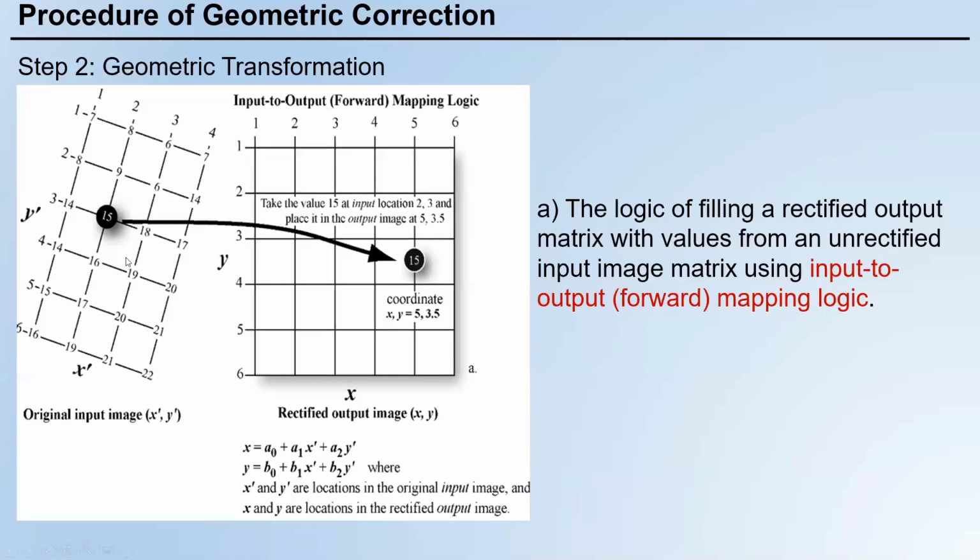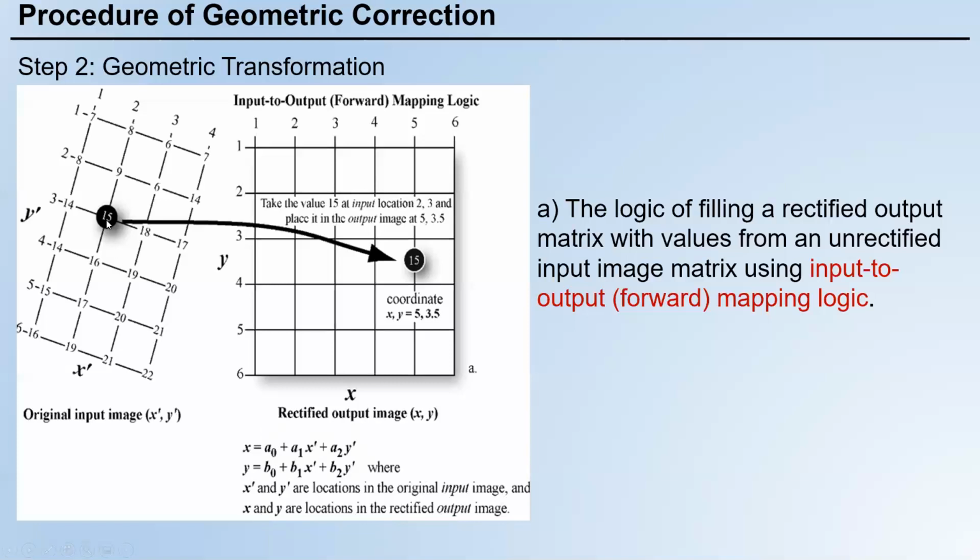So what's the actual x value and y value of this pixel in the rectified image? This equation set is trying to answer that question. So x prime and y prime are locations in the original input image. X and y are locations in the rectified output image.